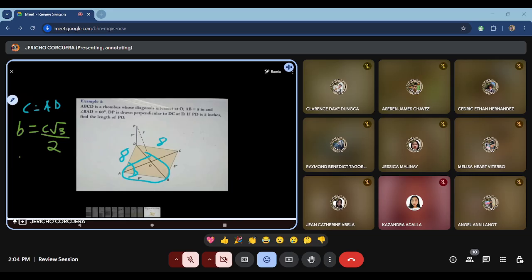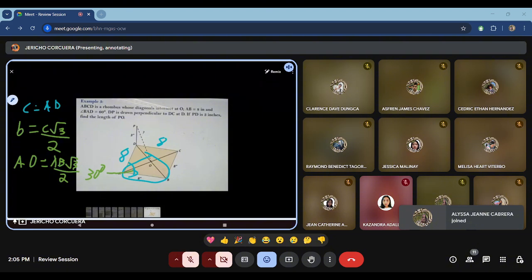And we will look for line AO, the length of line AO. So we will have AB square root of 3 over 2. And then we have the value of AB, which is 8, since this one is 30 degrees. So AO is equal to, since the value of AB is 8, 8 square root of 3 over 2.